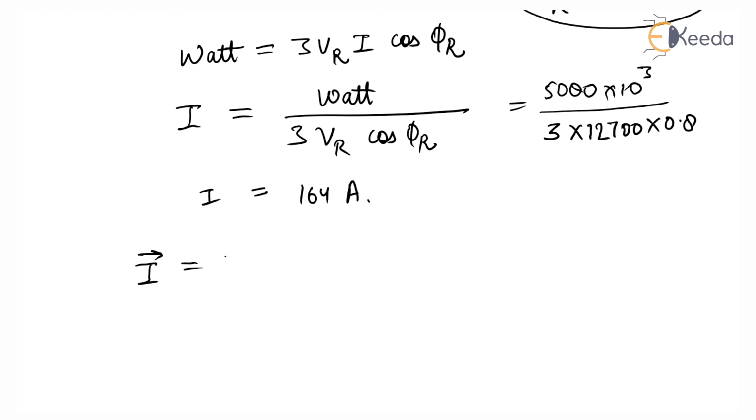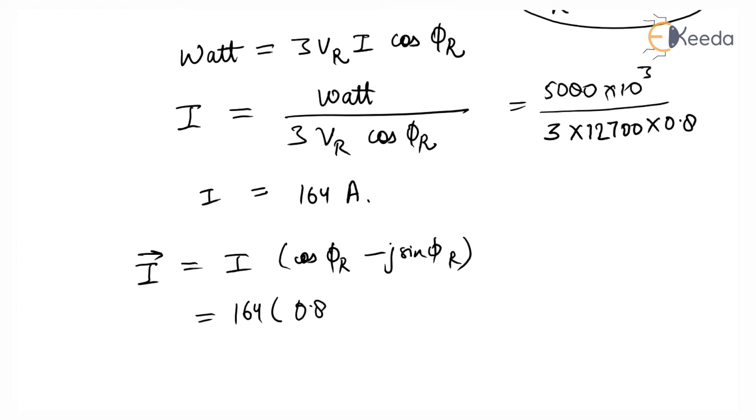Now find vector I. Vector I is equal to I cos phi r minus j sin phi r. So I is 164, cos phi r is 0.8 and sin phi r is 0.6.